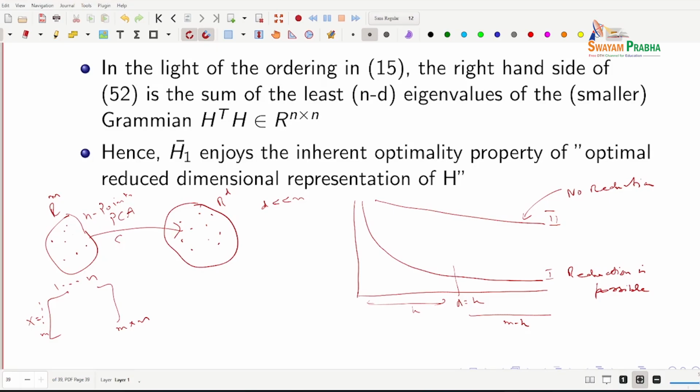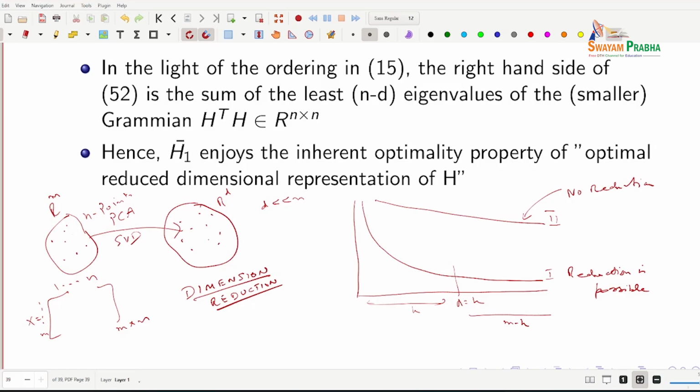PCA using SVD helps you to bring about dimensional reduction. So this is the central role of PCA in data analysis, and is used repeatedly in several application areas.